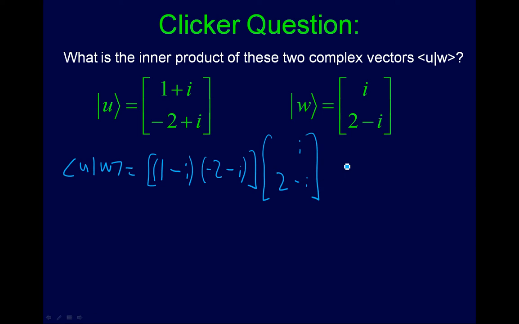And so if I write this out, when I multiply these 2 vectors together, it'll be this piece times this one, so I can write that as i times (1 minus i), and then I'll have this piece times this piece, so it'll be plus (-2 minus i) times (2 minus i). Now if I work this out, this piece here I can write as i minus i squared. So I'll keep that as i squared for right now.